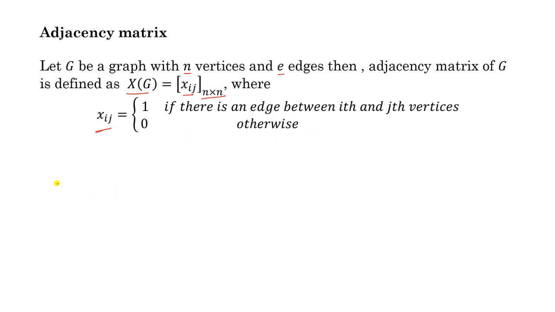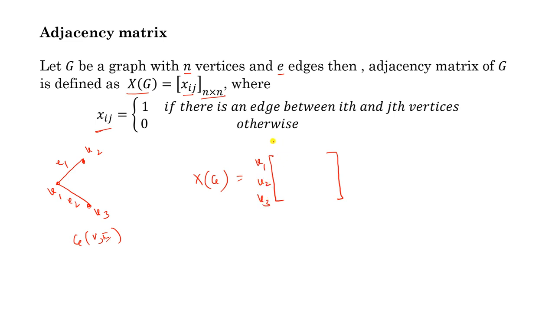Now look at this. If I draw this graph with v1, v2, and v3, with edges e1 and e2, the adjacency matrix X_G, say this graph is G(V, E). Three vertices are there, so the order of this matrix will be 3, a square matrix, with v1, v2 and v3 along both rows and columns. We have already considered a simple graph.